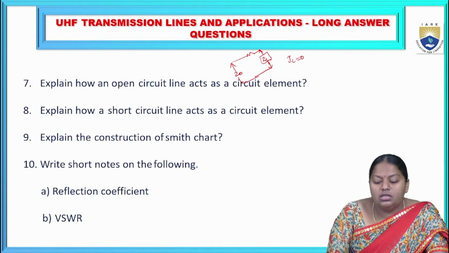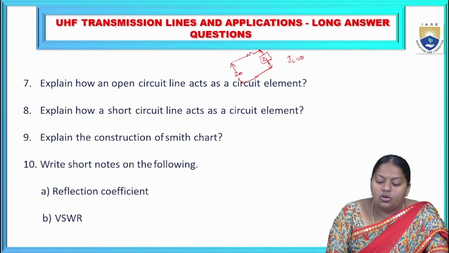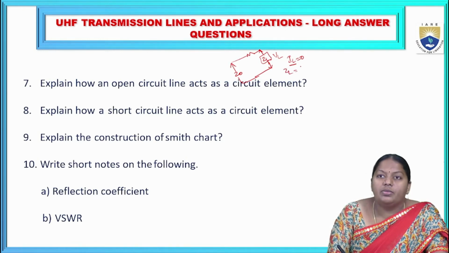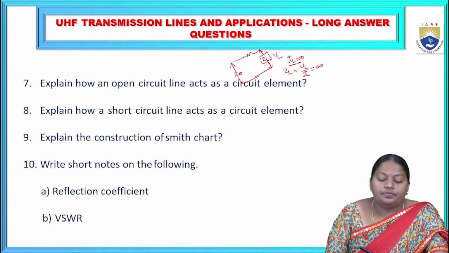If we connect a load impedance ZL, the current flowing through it is IL and the voltage drop across it is VL. For an open circuited line, we assume IL is equal to 0. Then load impedance ZL is equal to VL by IL, and substituting IL as 0, ZL becomes infinity.